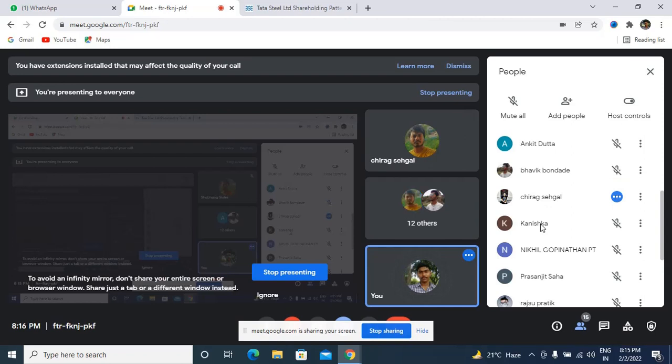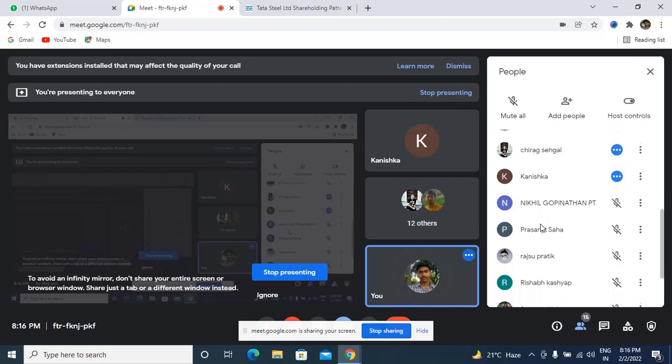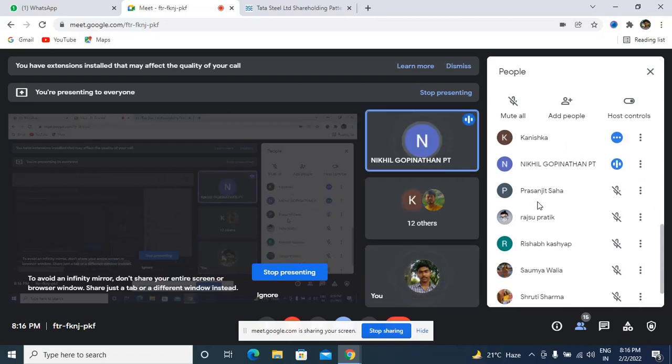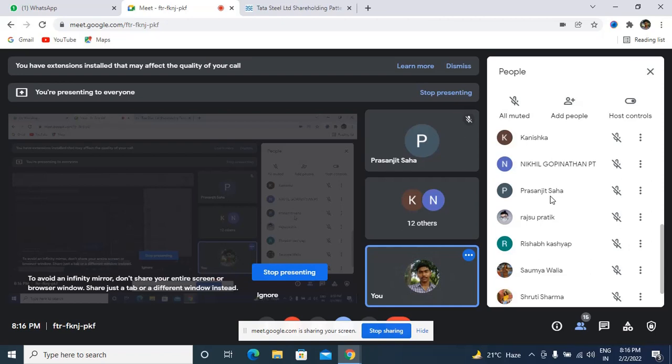Kanishka, JSW Steel. Nikhil, Tata Steel. Prasanjit, Steel Authority of India Limited. Rajsu, Tata Steel.